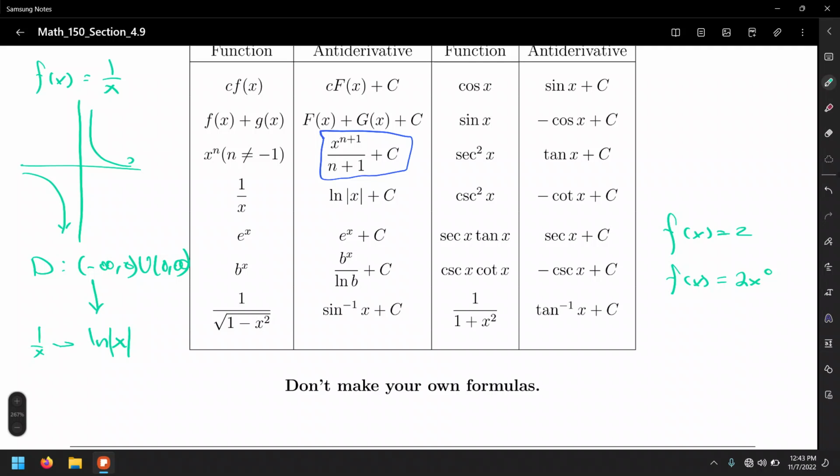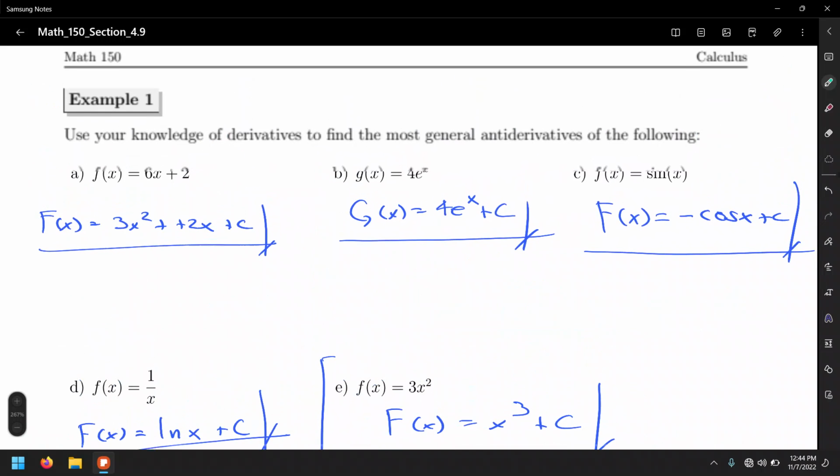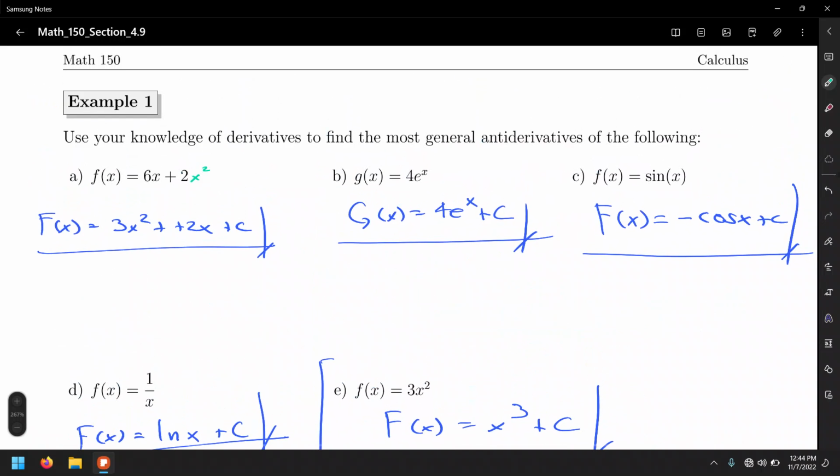Alright, so the x to the 0 power, it's there in spirit, right? So we just summon its spirit to make it more visual, and we can use the general power rule. That's 2 times x to the 0 plus 1 over 0 plus 1. And what's 0 plus 1? 2x. Alright? So actually we did that here, 2x to the 0 power. It was there, but not there, right? See what I'm saying?